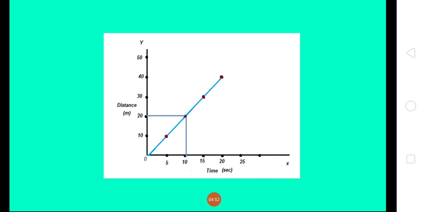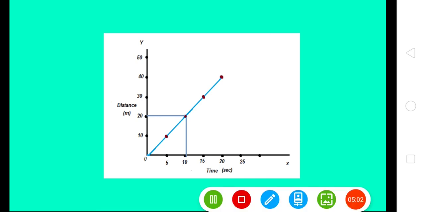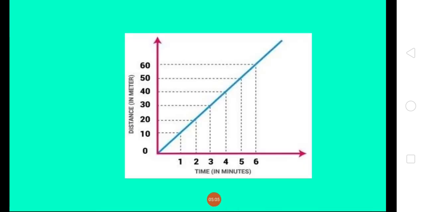You remember, when an object travels equal distances in equal intervals of time, it is in uniform motion. So this graph represents an object in uniform motion. This will give you a clearer picture. You can see the dotted lines which indicate the distance traveled at particular intervals of time. After 1 minute, the object has traveled 10 meters, 2 minutes, 20 meters, 3 minutes, 30 meters, and so on.